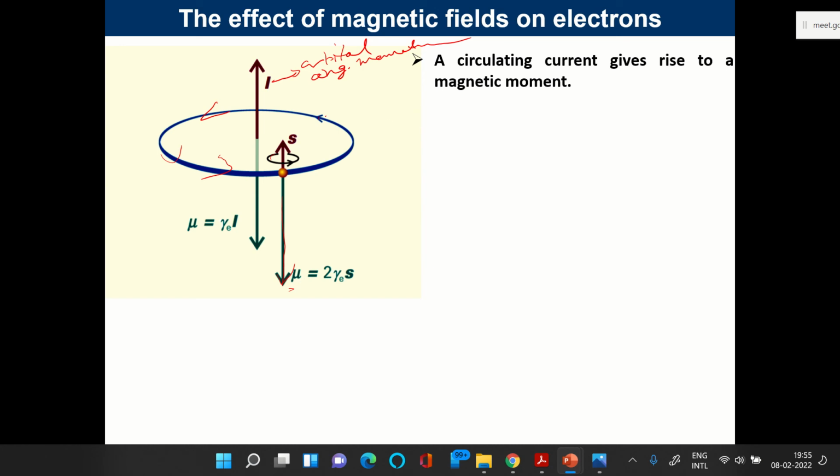So what I told you, this magnetic moment is the moment of the magnetic dipole. What is this magnetic dipole? This could be a spinning electron.